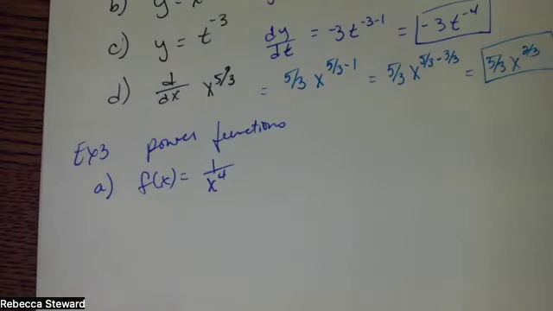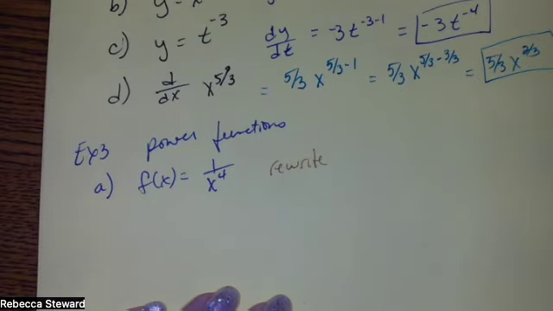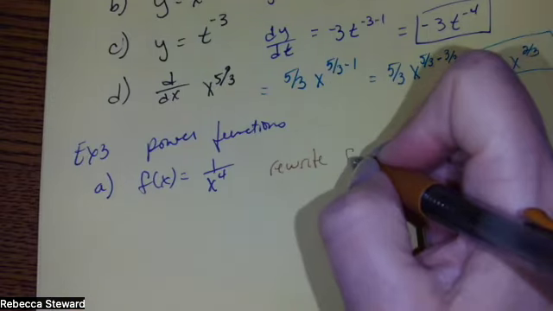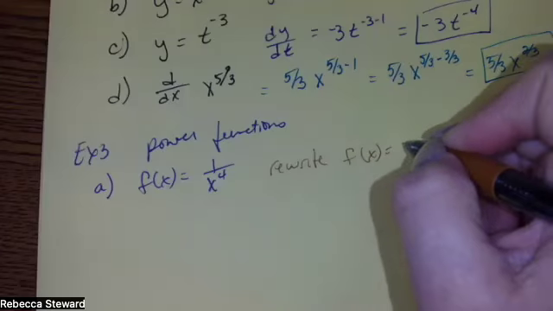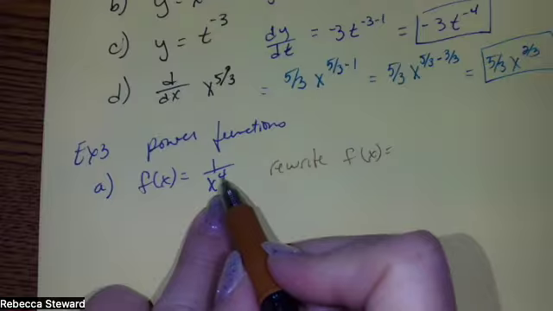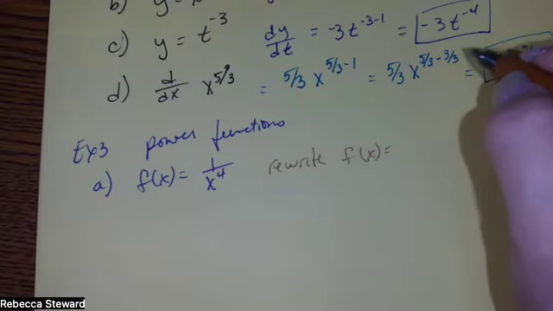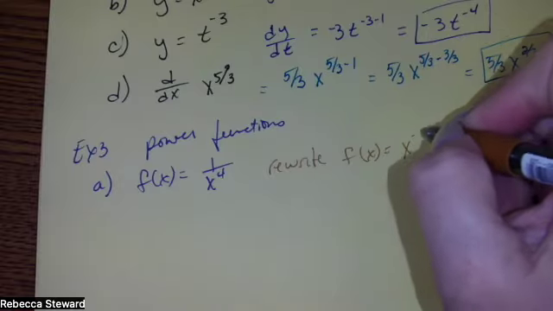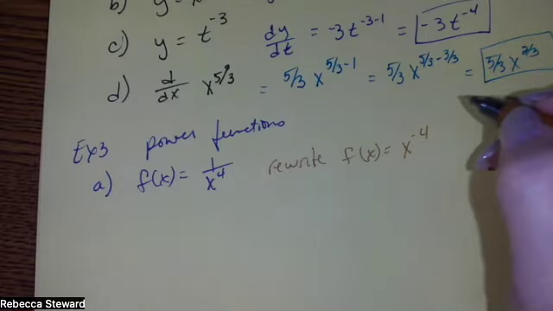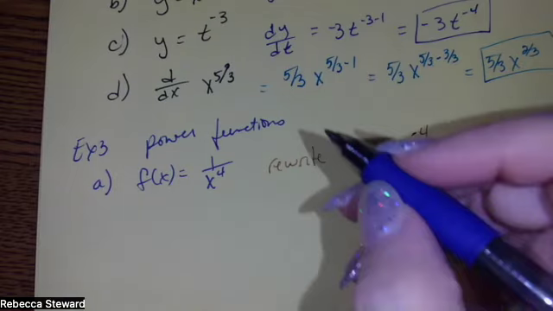So what we're going to do is rewrite our function. And it's going to become f of x is equal to, because it's in the bottom and it has a positive exponent, when it crosses this line, it will change the sign to negative. So we're going to write it as x to the negative 4th, because that way we can do our differentiation.